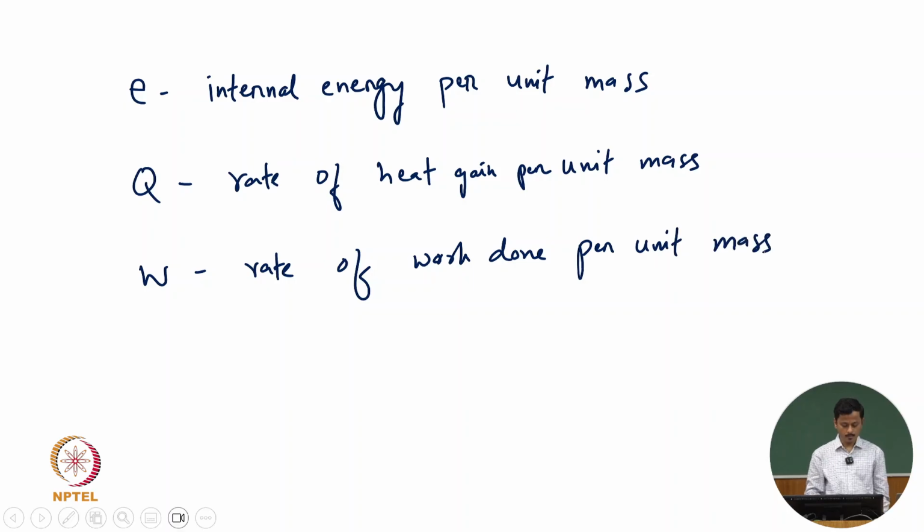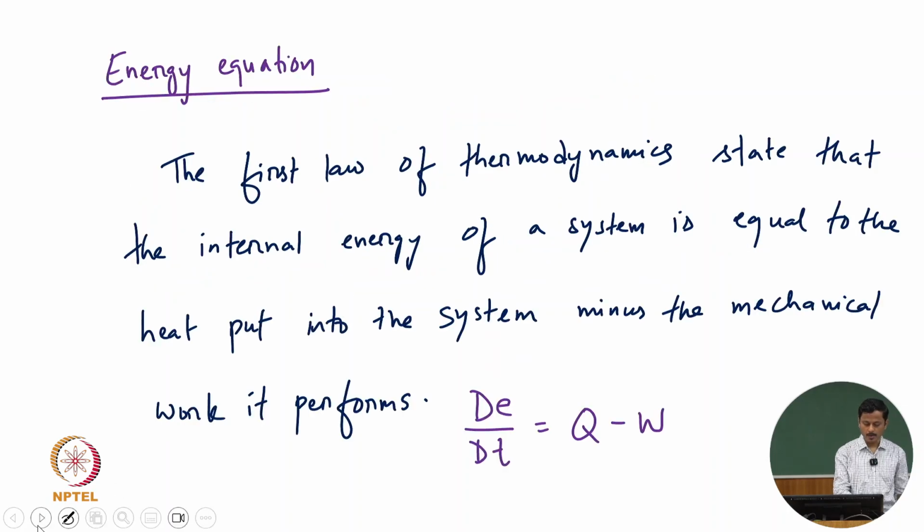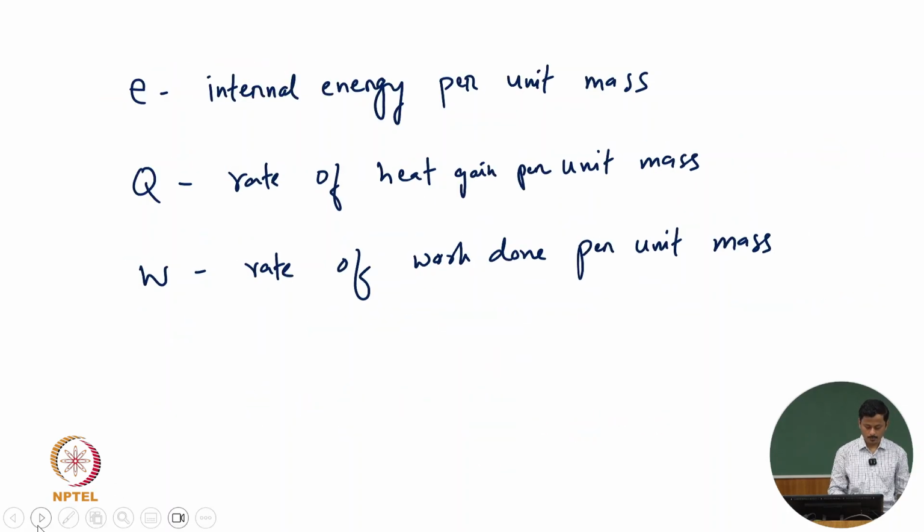These are the descriptions of the variables in the mathematical form of the first law of thermodynamics.